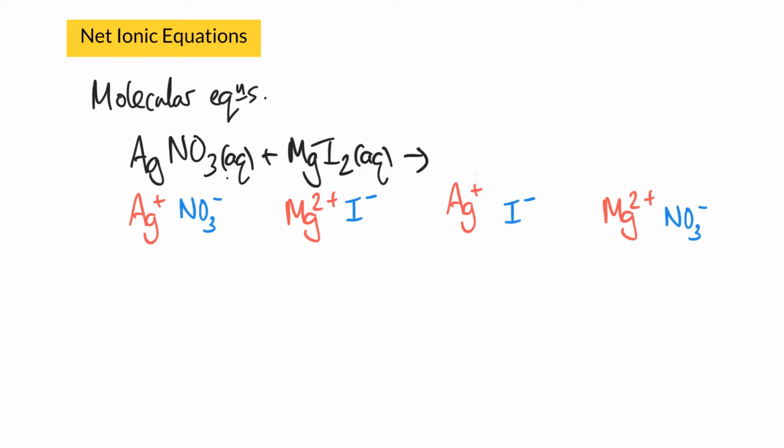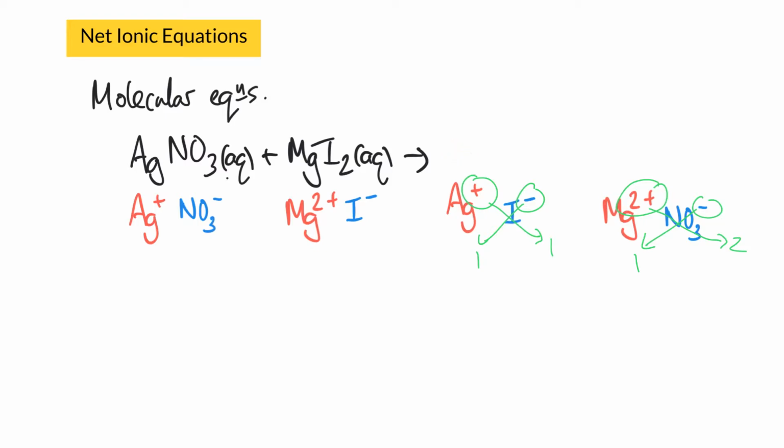And so remember, the way we write the formulas is we basically take the charge down to the other side and ignore the plus and the minus. And of course, 1 to 1, we basically just ignore. In this case though, we've got 2 nitrates and 1 magnesium, so we have to be a little more careful there, don't we? So let's write the formulas above. Oops, didn't mean to do that in green, although that is quite an impressive lime color.